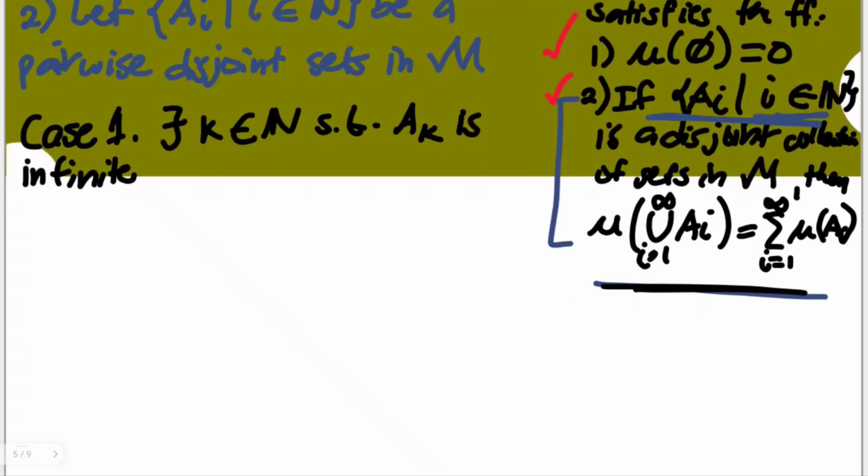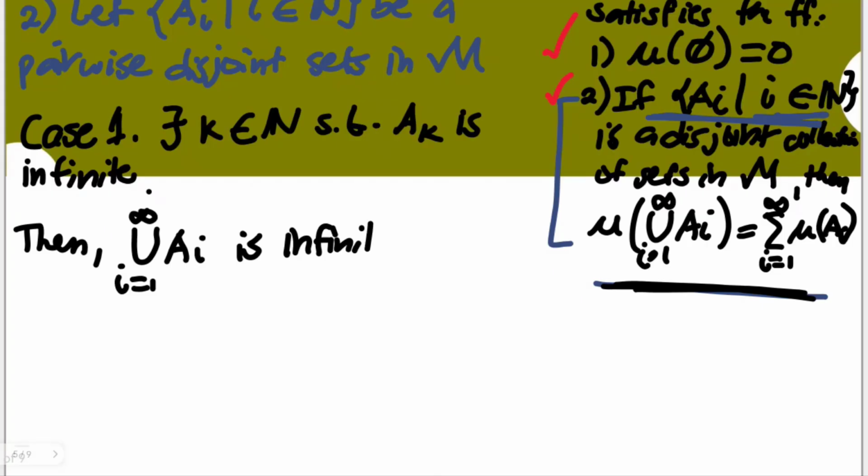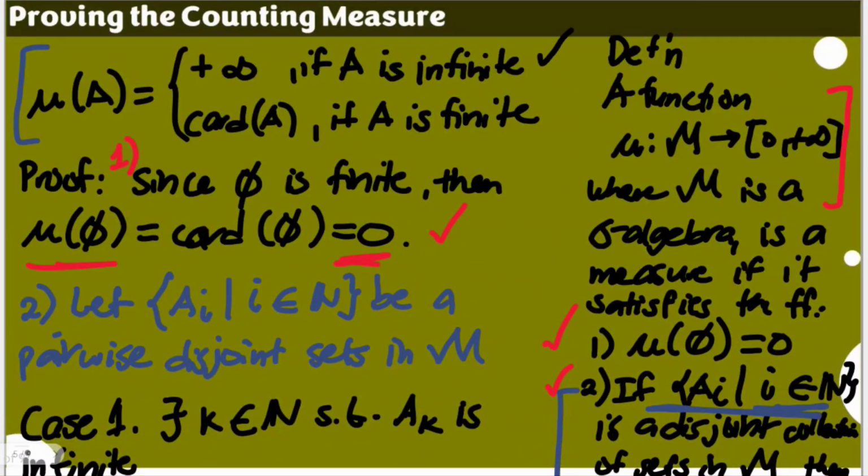That would mean, using this here, we can construct this illustration. The union of the A sub i's, where i is from 1 to infinity, is infinite as well. Because what if it's infinite, right? If it's infinite, take note that in our definition we'll be using this here.